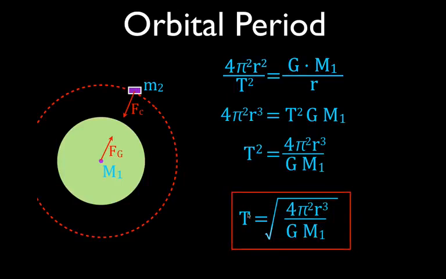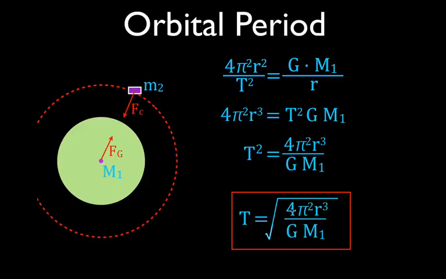Now I want to point out once again, if you look in this equation, there's really only one variable, and the variable in this equation is the radius, or the height the object is above the surface of the central mass. You'll notice that M2, which is the mass of the object, is not in this equation. That means that the orbital period is not dependent upon the mass of the orbiting object.